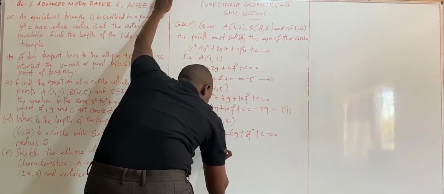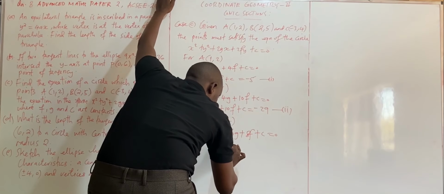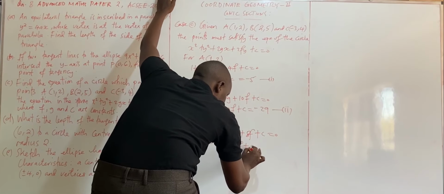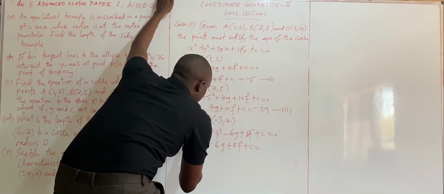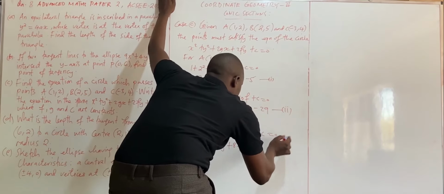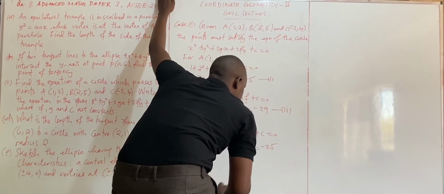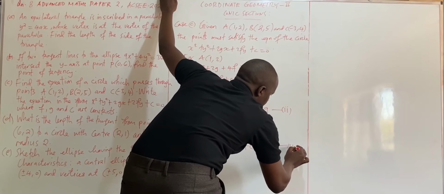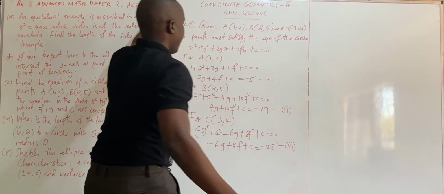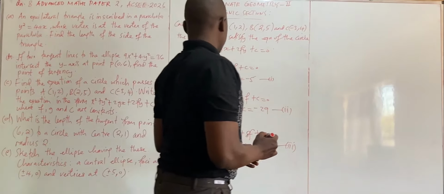So you'll end up getting negative 6g plus 8f plus c equals what? Here it is 9 plus 16, we get 25, so it will be negative 25. So from here, this makes equation number 3.